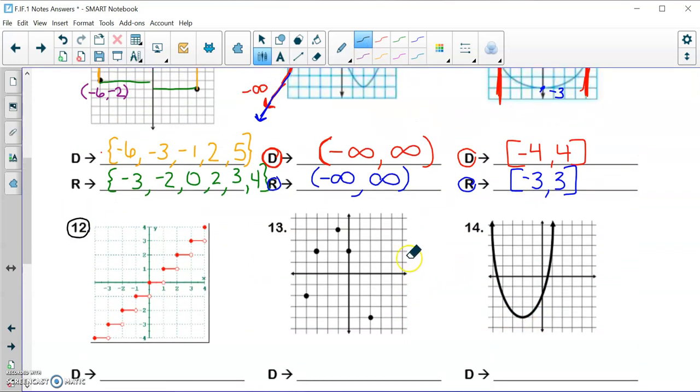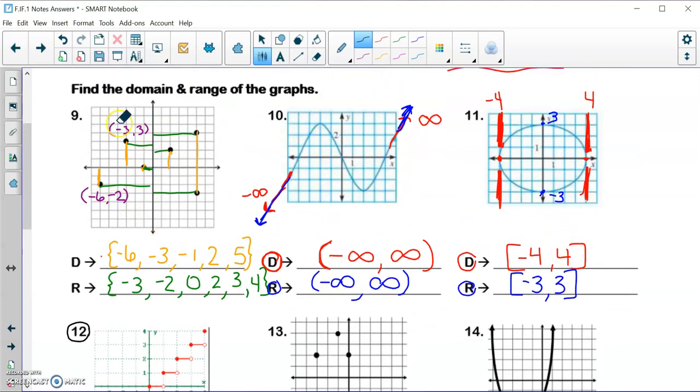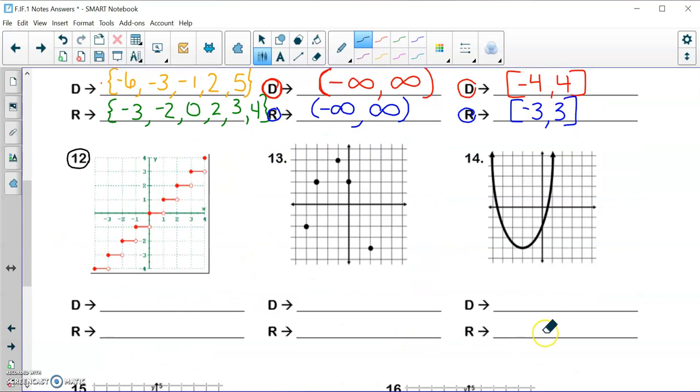Looking at number 13, remember when you have sporadic points on your graph, you're just going to write your domain and range in set notation. So my domain is going to be, my leftmost point is this one here, and that has an x value of -4. And my next leftmost point has an x value of -3, then -1, then 0, and then an x value of 2.